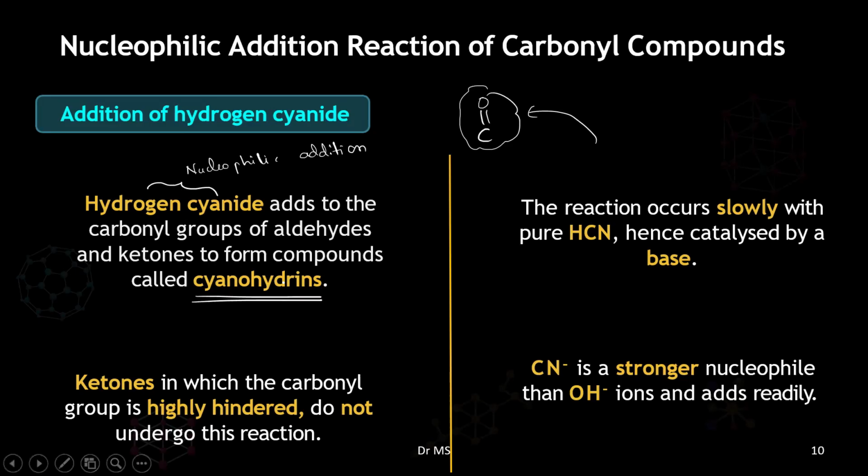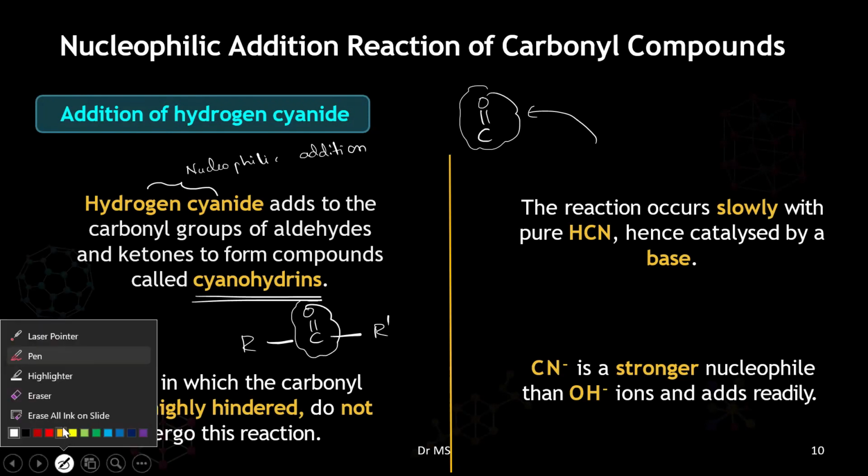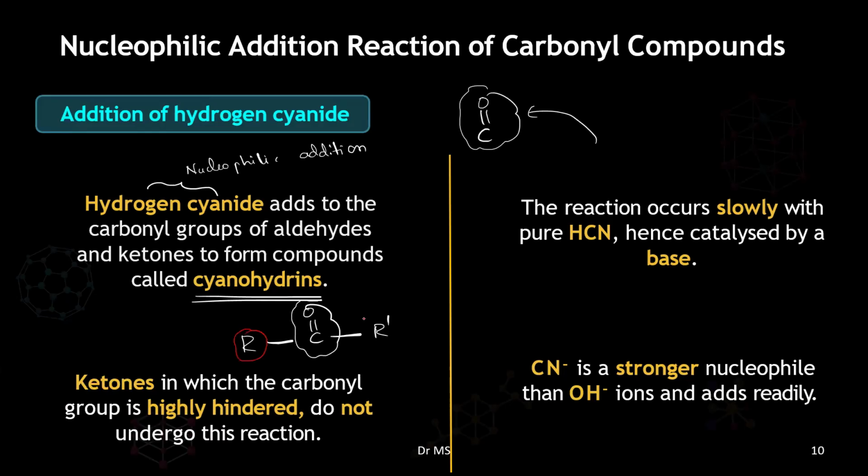Next, if you see the structural consideration, we know that the carbonyl group in the ketones is highly hindered. What is a ketone? The alkyl group, carbonyl carbon, and then alkyl group. So here the carbonyl group is surrounded by two bulky groups. This is a bulky group, and this is another bulky group.